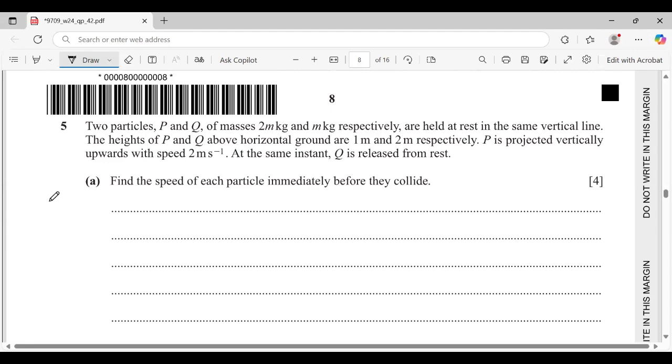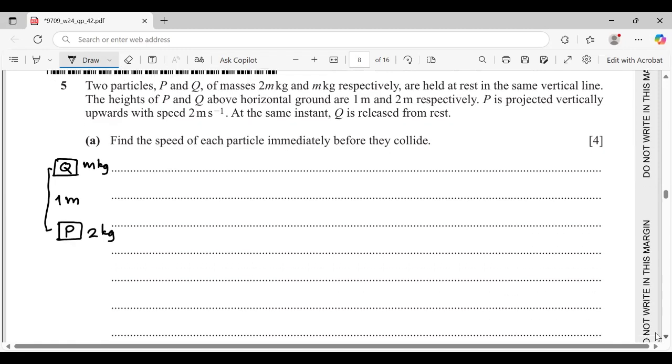There are particles Q, okay, with mass m kilograms, and another particle P here with mass 2m kilograms, and the distance between P and Q is 1 meter, and between particle P and ground also 1 meter. Okay, based on this information, right?